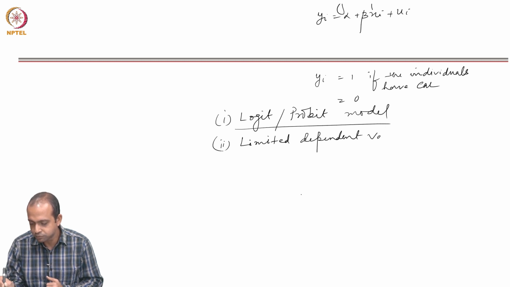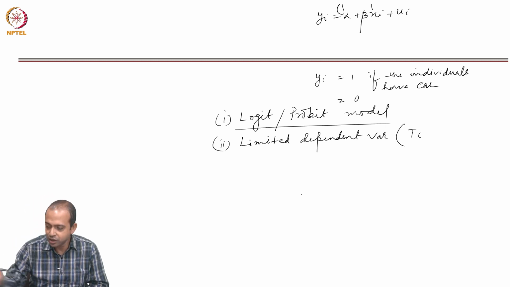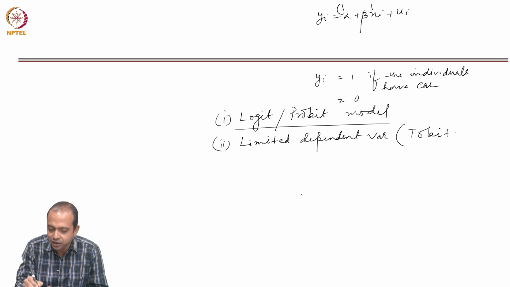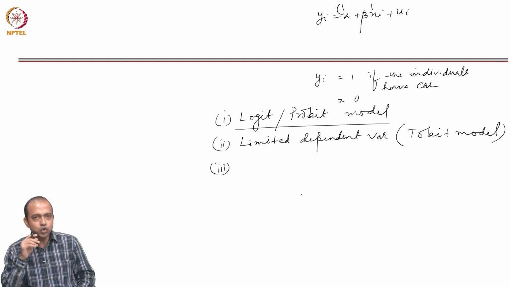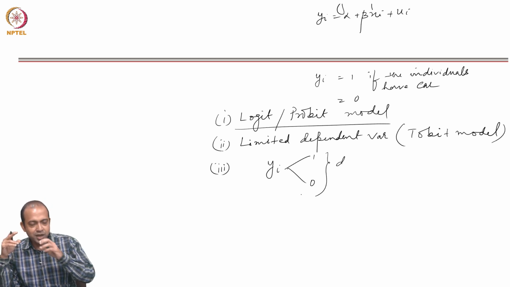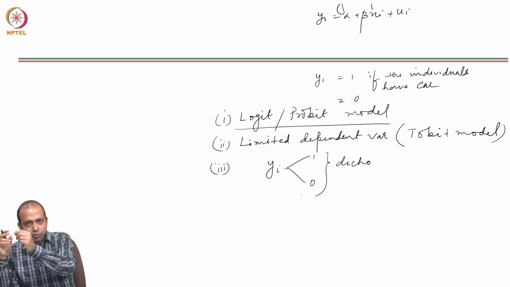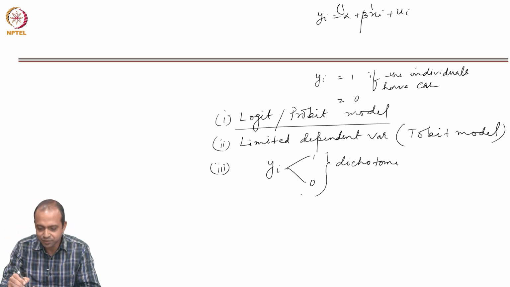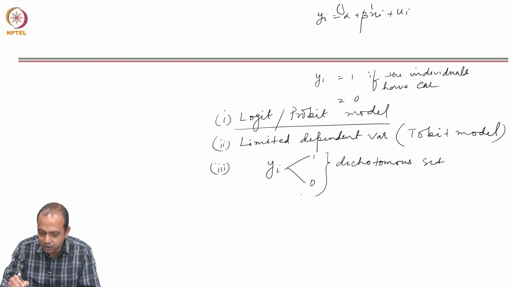But there are cases where yi can actually take more than 2 values, 1, 2, 3, let us say. Let us assume that I am modeling a situation wherein I want to estimate the determinants of the mode of transportation that an individual can take while going from point A to B. Let us say the individual can go by air or by bus or by train.